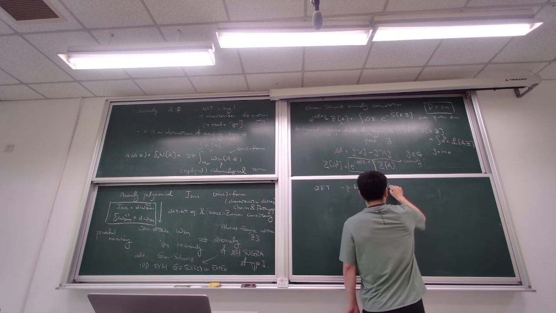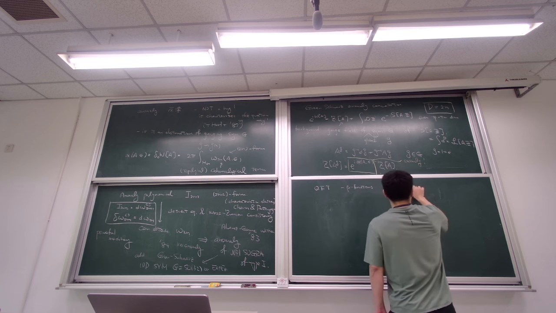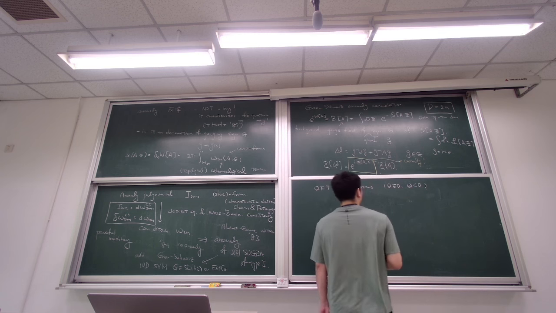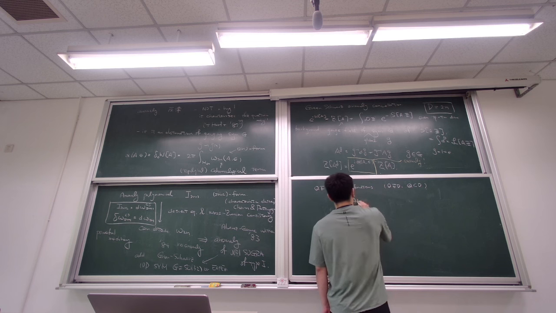Both QED and, my personal opinion, QCD have the beta function. The other thing you learned is the so-called anomaly, the ABJ anomaly.